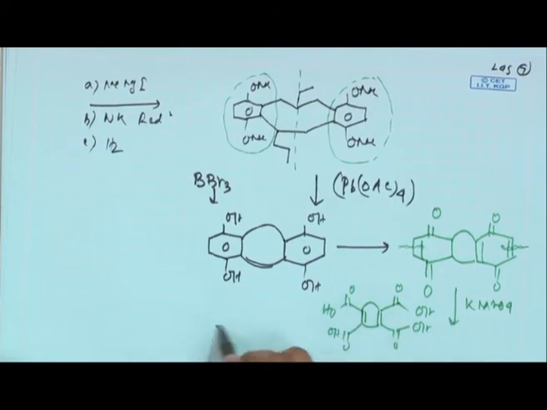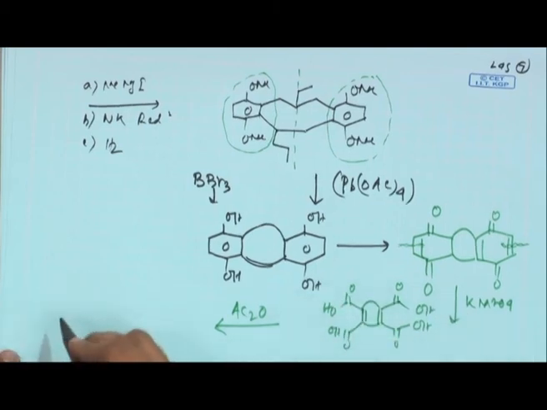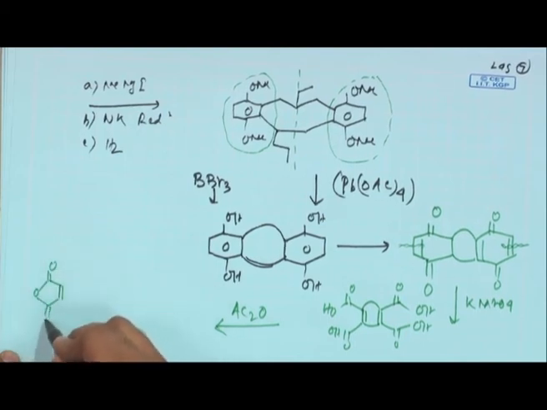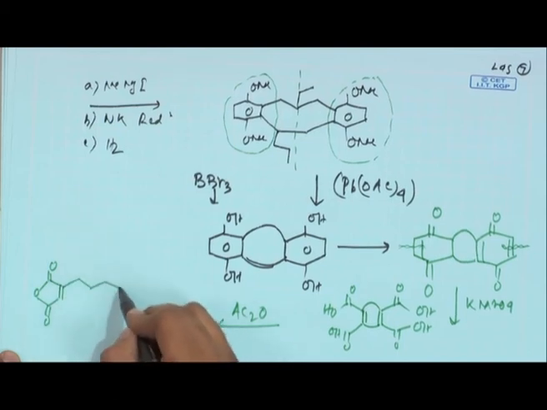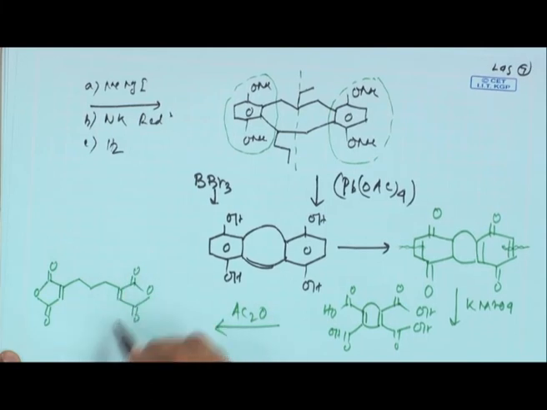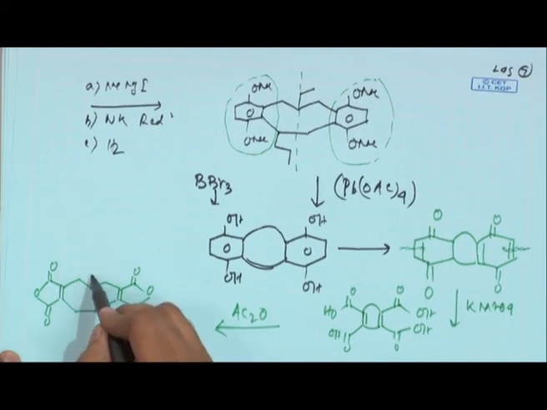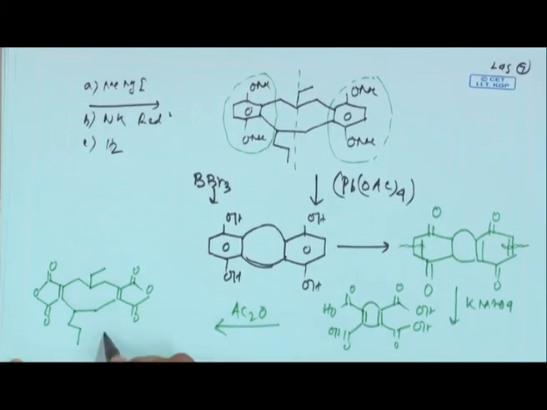So, this now undergoes cyclization with acetic anhydride, and then you get the parent compound whose structure is, you basically have this maleic anhydride part which you are talking about. So, this maleic anhydride, you write the left hand side this way, the right hand side this way. Okay. You have this ethyl group, you have this N propyl group, and this is your target molecule.